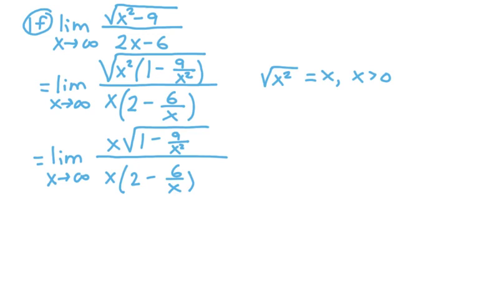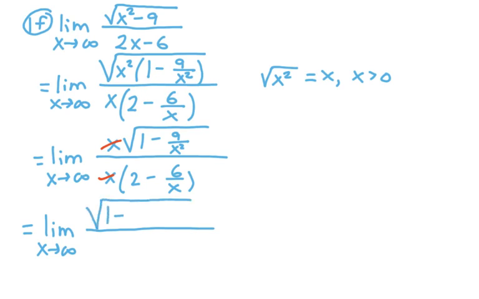Now, notice how the x's cancel. They're gone. And so I'm going to write this as the limit as x goes to infinity of, in the numerator, the square root of 1 minus 9 times 1 over x squared, and in the denominator, 2 minus 6 times 1 over x.